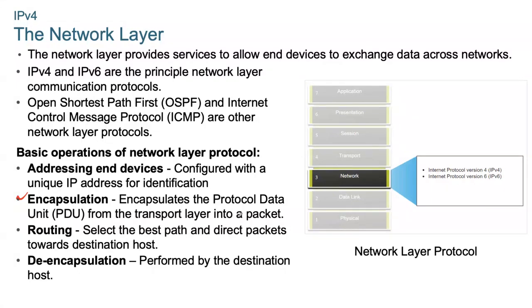On the destination side, the reverse process of encapsulation takes place, that is de-encapsulation, so the packet header is deleted. So these are the major operations of the network layer: addressing devices, encapsulating the packets, routing the packets, then decapsulating the packets on the destination side.